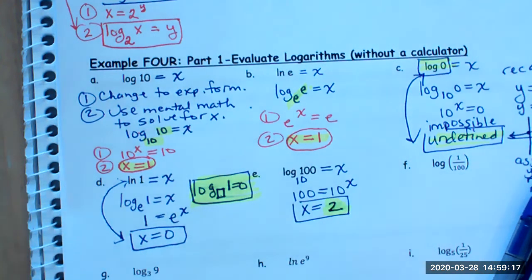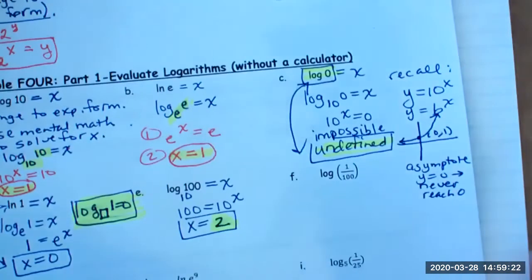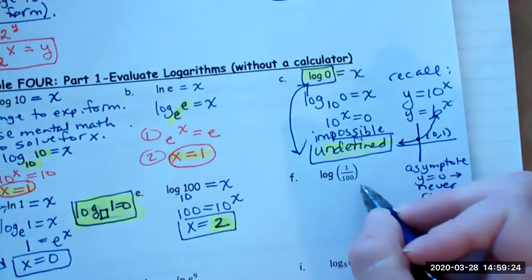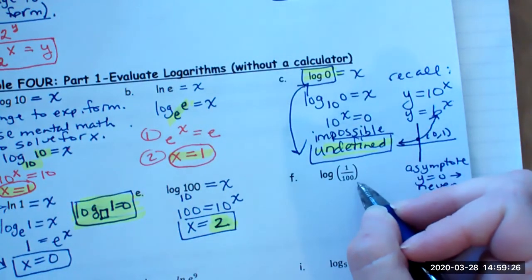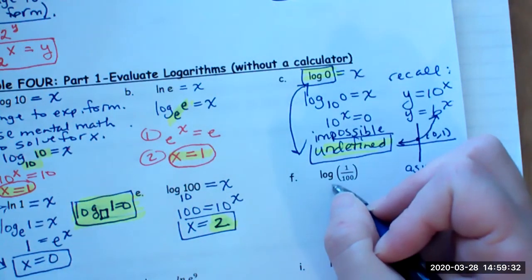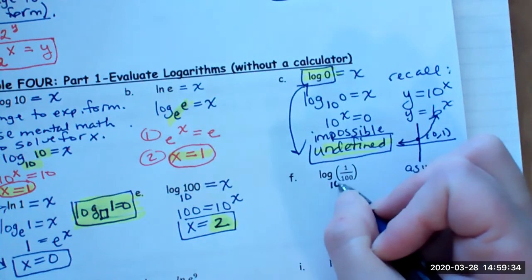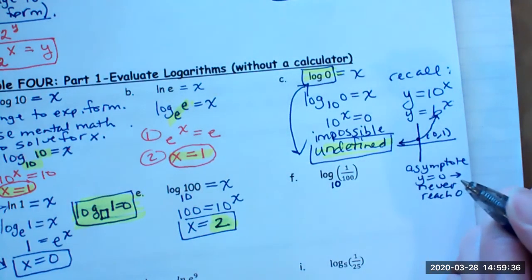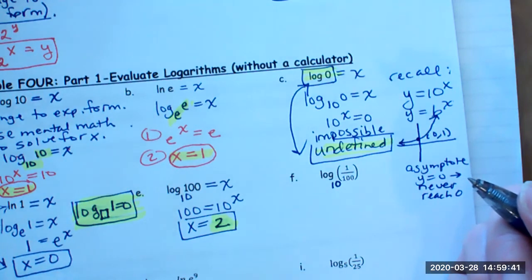Okay? So on that note, when we do log of 1 over 100, I want you to try to do this one a little bit more mentally. I'll still fill in the base here. But let's see if you can figure this out mentally.